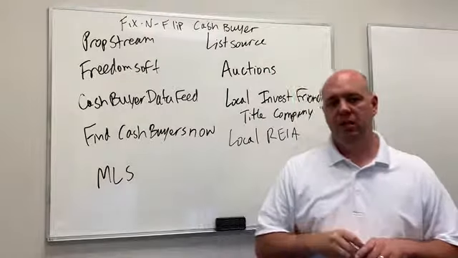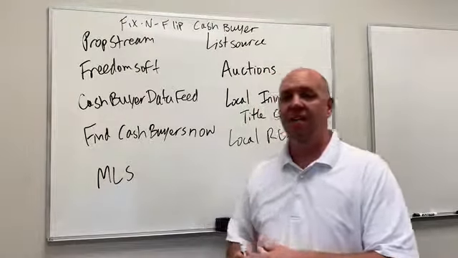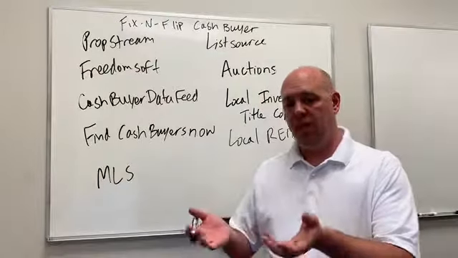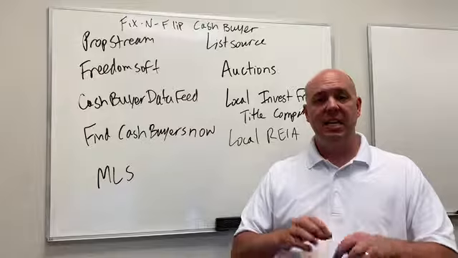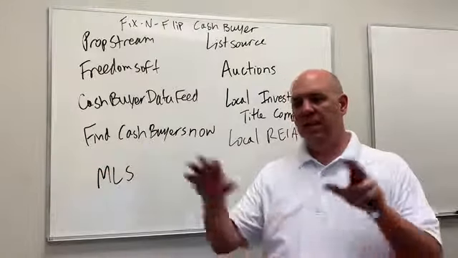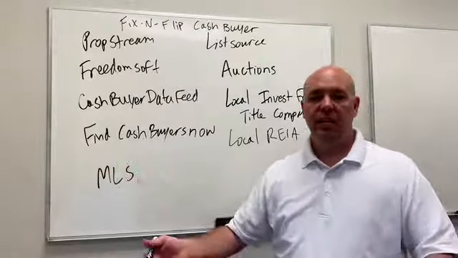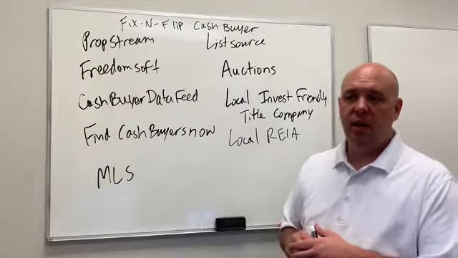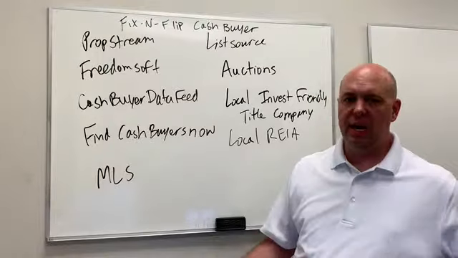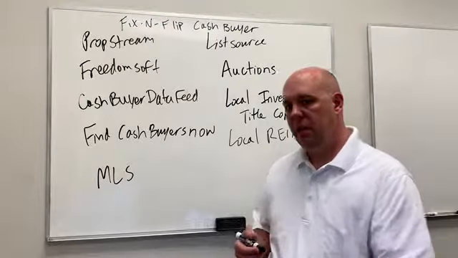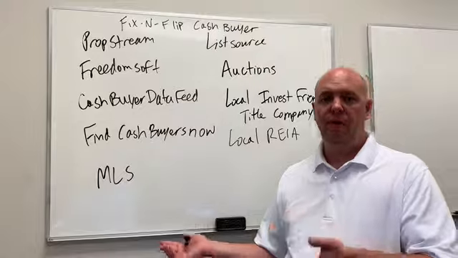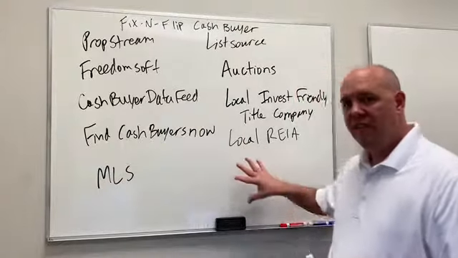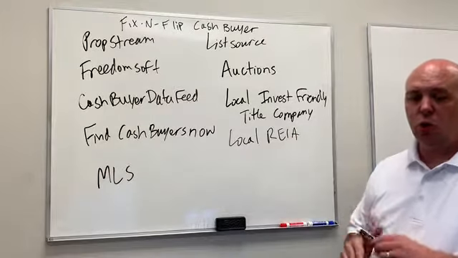Some local REIAs allow you to join, and they have an email list of their own, and you can submit a property to be sent out via email or text message or however they get the information out to their members. Our local REIA here in Arizona, I think they have over 2,000 members. They'll send out an email, they'll put the property that we have for sale on their website. So that's a really good resource to find fix and flip cash buyers, your local REIA.